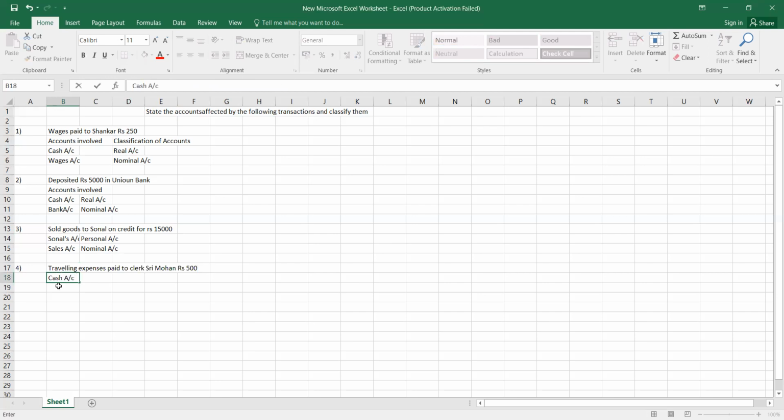Cash has been paid and traveling expenses. Okay, so there is no further claim, he's not going to claim anything in future. So we say cash account to traveling expense. Cash account and traveling expenses account are the two accounts that are involved.